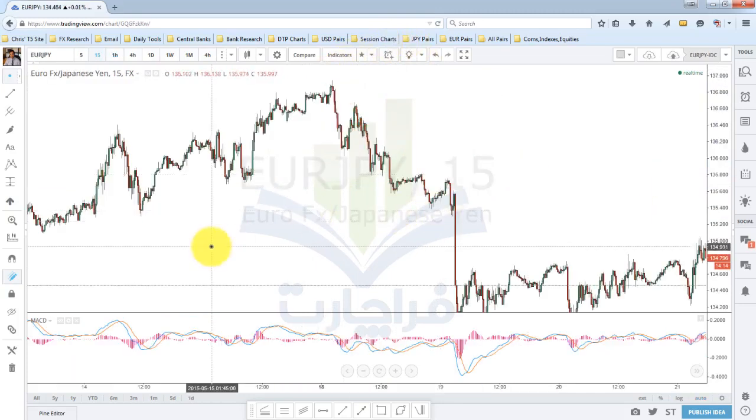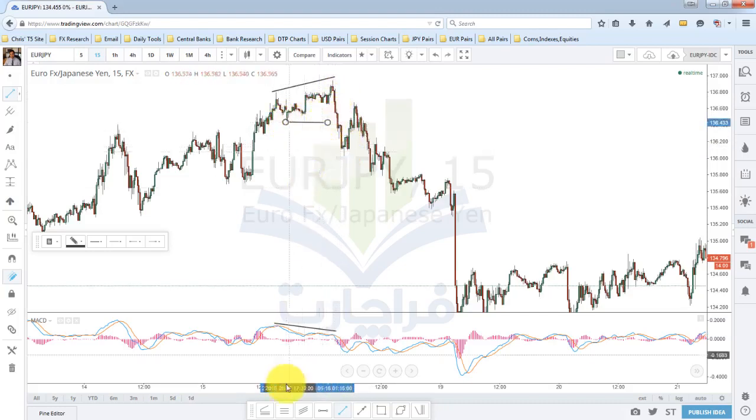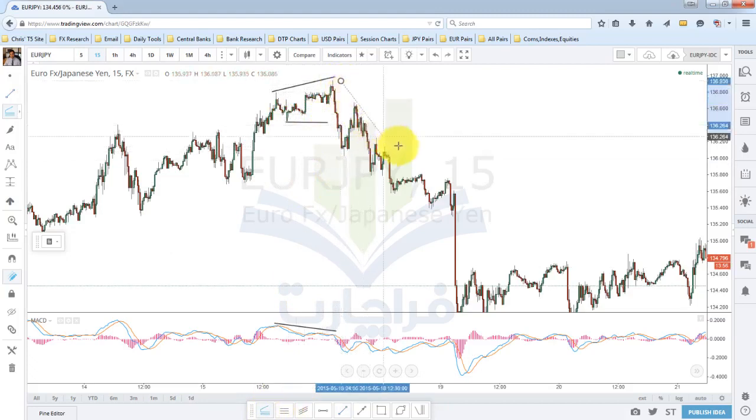Okay, so here's another divergence on the Euro-Yen 15-minute chart. We have price moving higher, we have MACD cycling lower. We have a strong decline here, traded through the low. And we'll draw our Fibonacci, whoops, wrong tool, sorry about that.